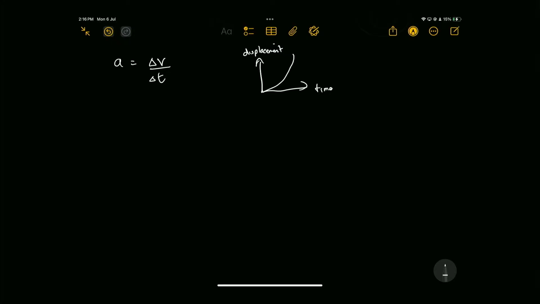Right, so the object is accelerating in this case, because as time increases the curve gets steeper. And as we know, the steepness of the curve represents the velocity. So the steeper the curve, the higher the velocity. So the velocity is increasing with time, therefore the ball is accelerating. Now if I draw the graph like this, how would we describe this one?